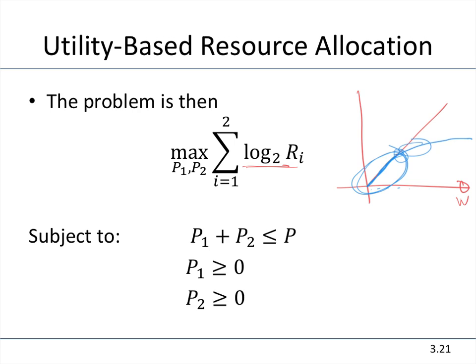Okay? So this will allow you to gain more utility, but the increase in the gain will decrease the more resources you give this user. So this will discourage you from giving very high resources to a user with a good channel and have other users starve because of the fact that they have a bad channel.